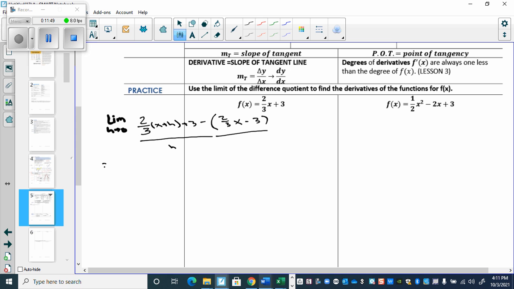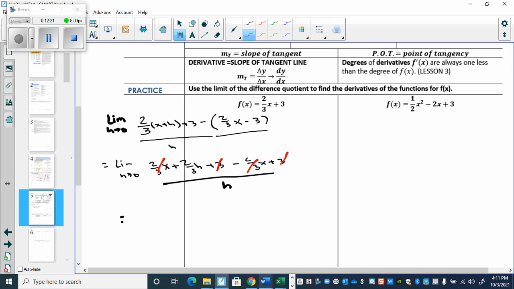And this equals the limit as h goes to 0, 2/3 times x plus 2/3 h plus 3 minus 2/3 x plus 3. And I'm going to go back and cancel. 3's cancel. This cancels. And I'm just left with that h on the bottom.